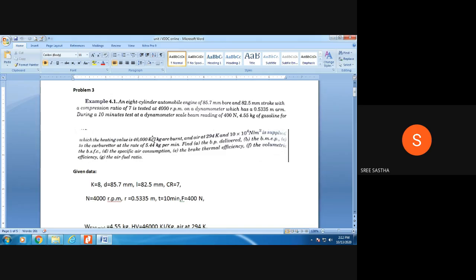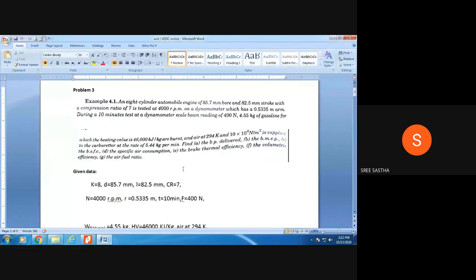That is the air rate. Fuel rate you have to calculate; air rate is directly given, 5.44 kg per minute. What you have to find is brake power, brake mean effective pressure (BMEP), brake specific fuel consumption (BSFC), then specific air consumption, then brake thermal efficiency, volumetric efficiency, and air fuel ratio.